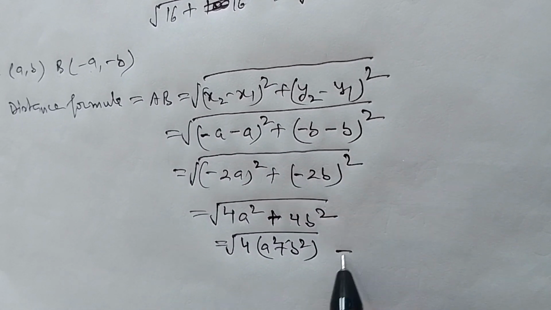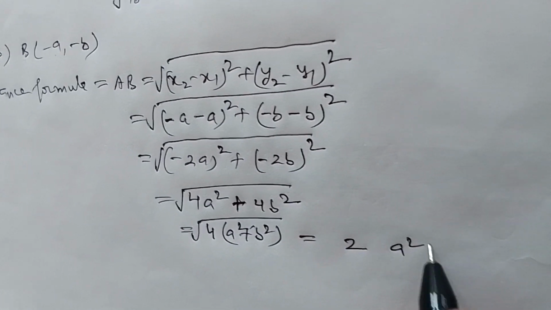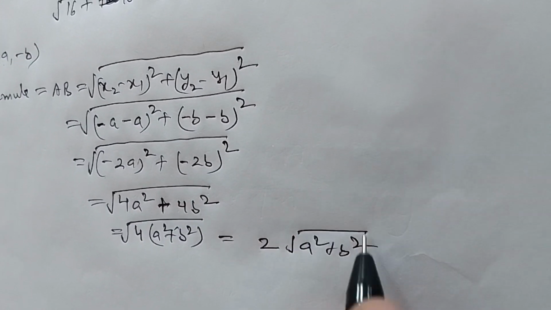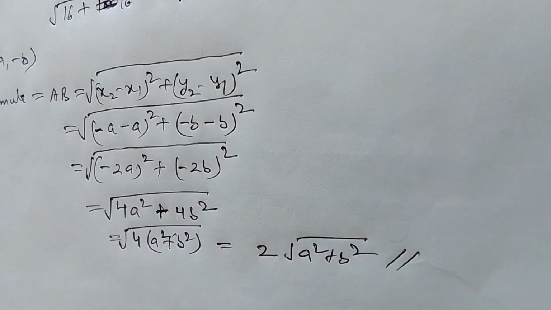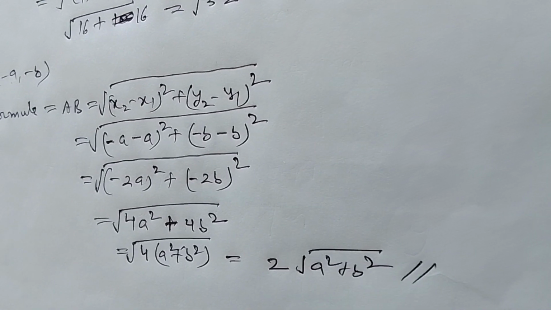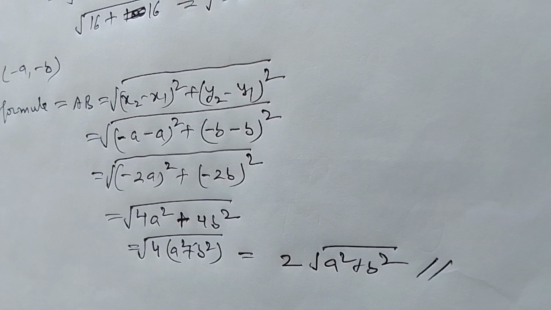So it will come out to be 2 root (a square plus b square). So this is the answer of the third part of the question. With this we have completed the first question.